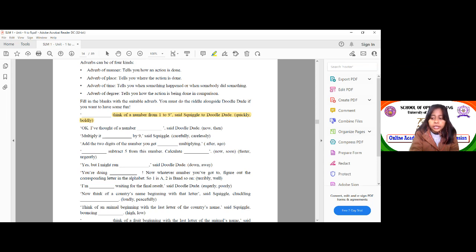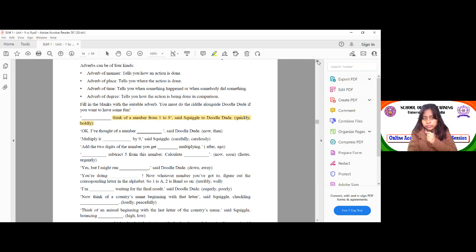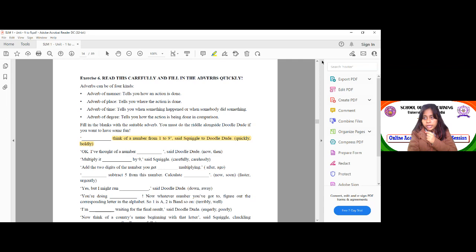And tell me what kind of adverb is it? What kind of adverb is it, Lavanya?